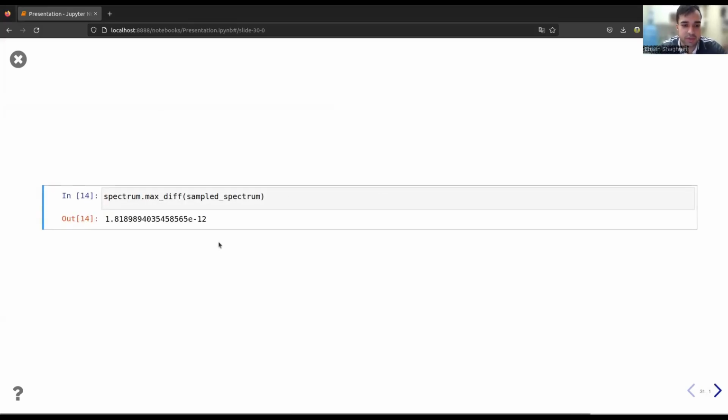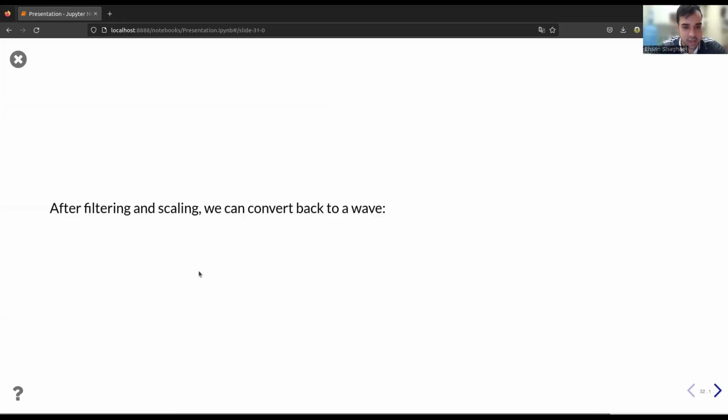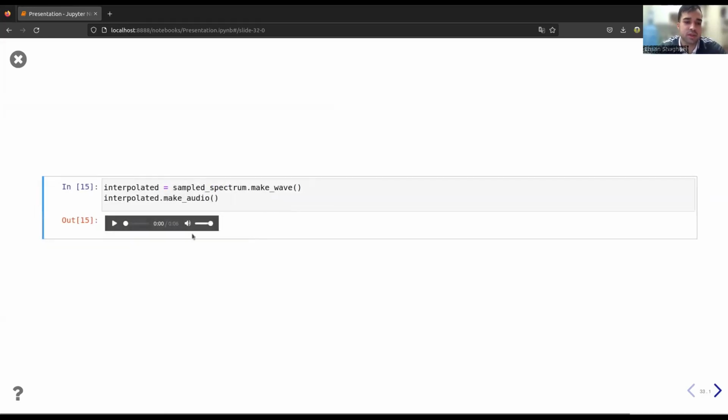So now let's check the difference between the downsampled and the sample signal, and you see we have a very small difference in the signal. After we do our filtering, we can convert from the frequency domain back to the amplitude domain.